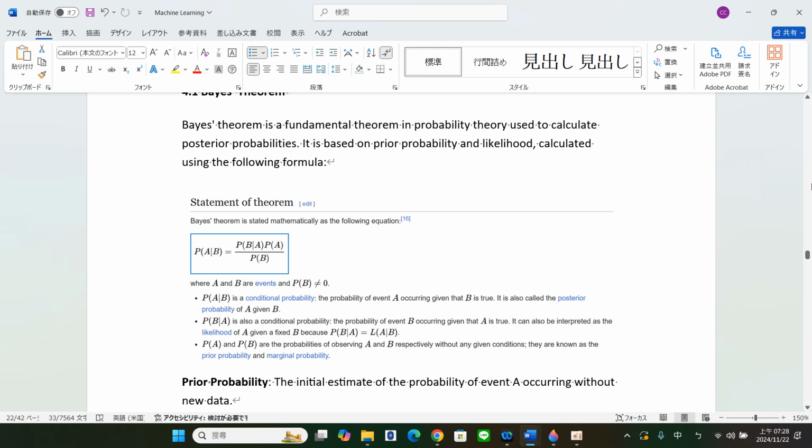It can also be interpreted as the likelihood of A given a fixed B, because P(B|A) equals L(A|B). P(A) and P(B) are the probabilities of observing A and B respectively without any given conditions, known as the prior probability and the marginal probability.